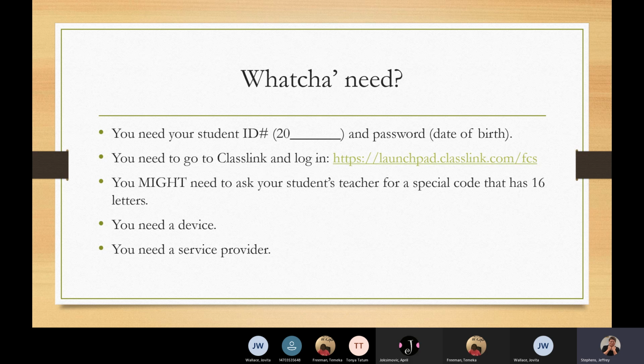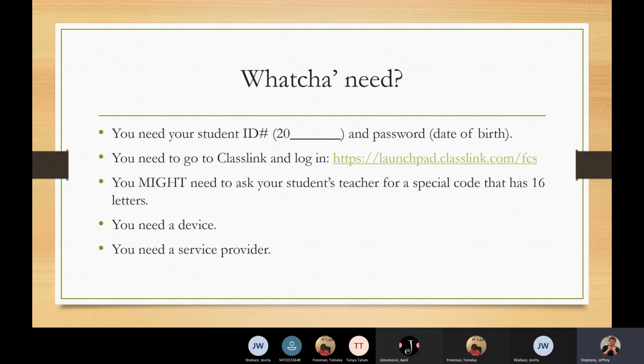Now that's to get into ClassLink, and that's why my next bullet point says you need to go to ClassLink and log in, and this is the link right here, https://launchpad.classlink.com/FCS.